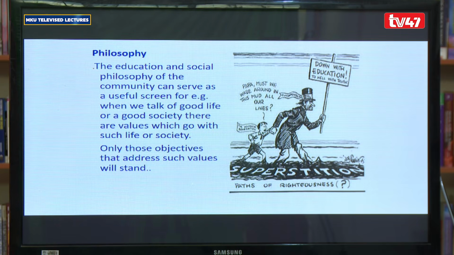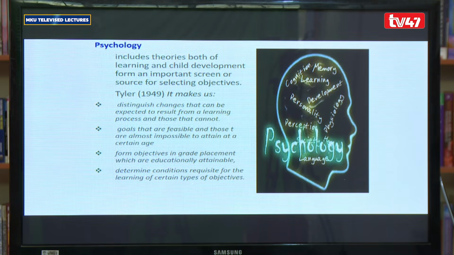We have the national philosophy of education. We also have social philosophies and those that are determined by the community. These can serve as a useful screen for determining the objectives of education or the objectives that are to be addressed in the education sector over time.